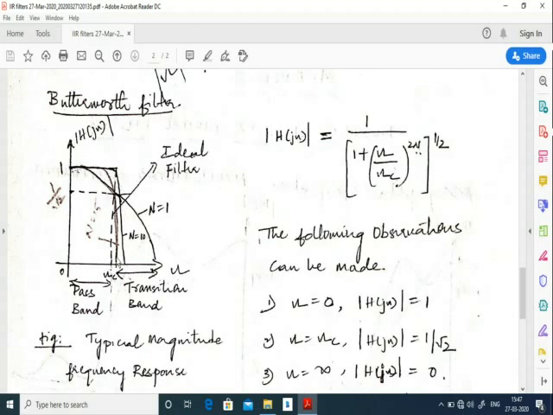So what I can conclude from this is, basically here n indicates the order of a filter, whereas in modules 1 and 2, n is nothing but the length of a filter. Here n is the order of a filter. Can I conclude it like this? As order increases, the magnitude frequency response matches the ideal frequency response.